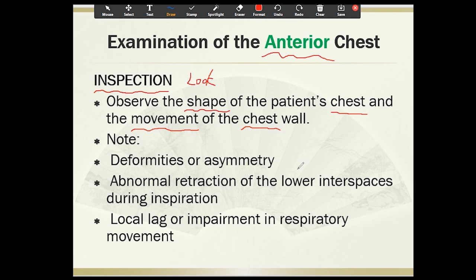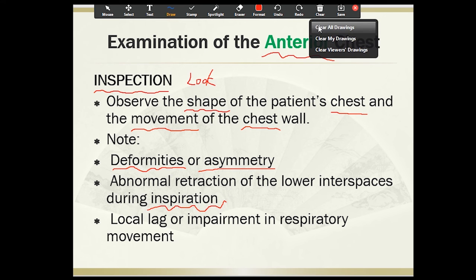Both sides' movement should be the same, and the shape should also be the same on both sides. During inspection we can still see some movement there. So that's basically what we're looking at.